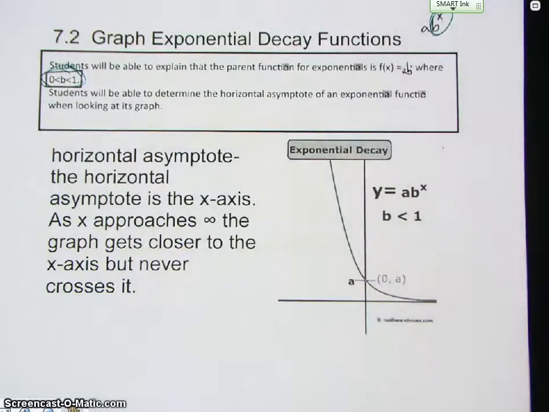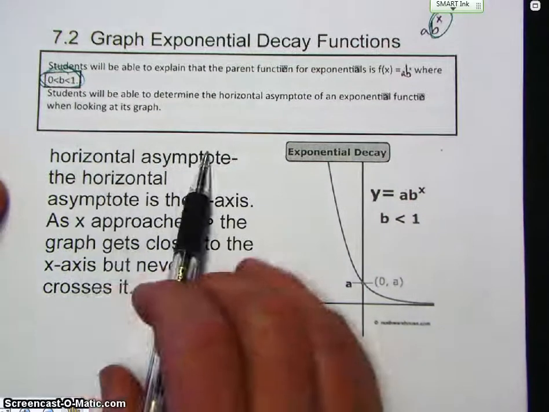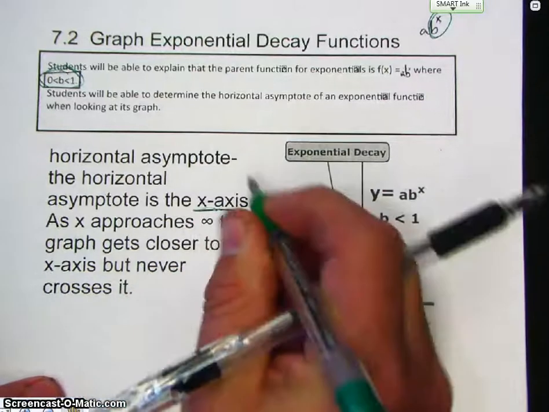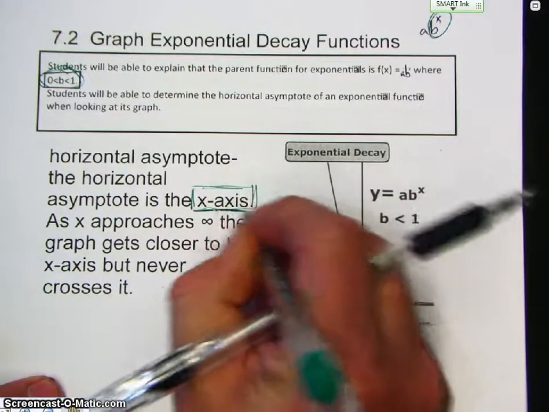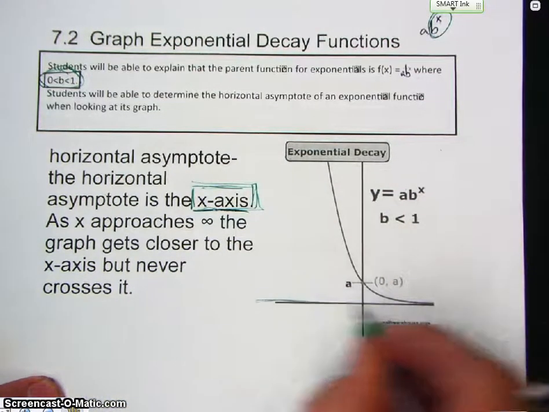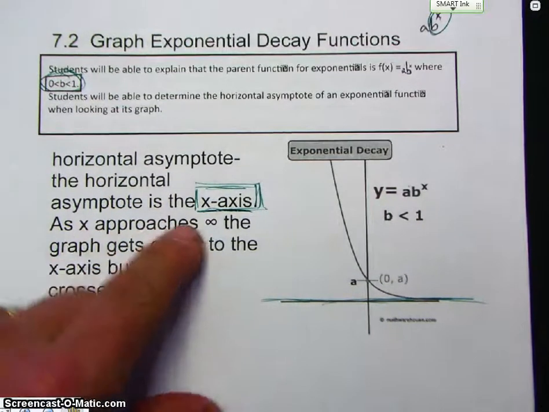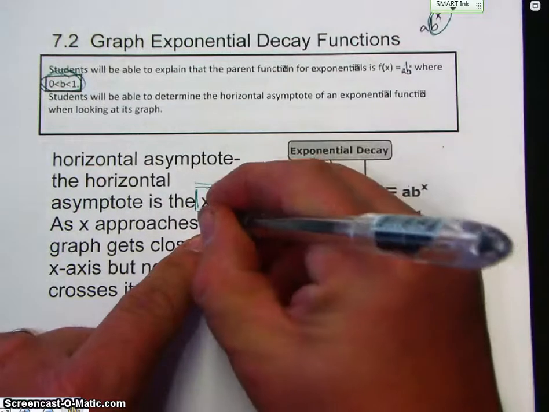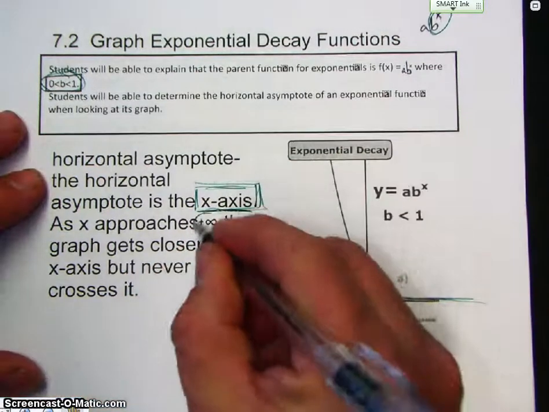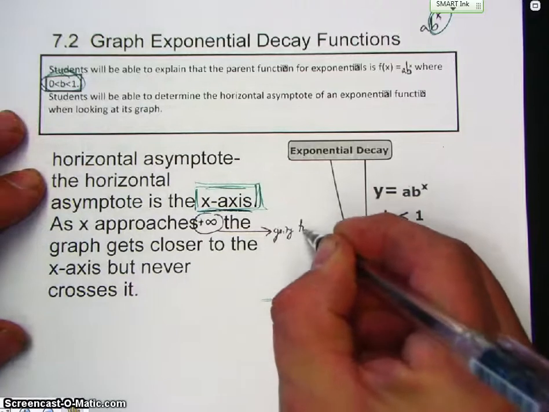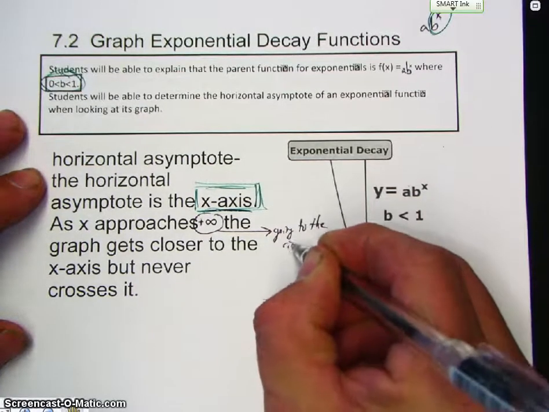All right, so let's look at what it looks like. Horizontal asymptote is the x-axis. Okay, so this right here, the x-axis, that's my horizontal asymptote. Now as x approaches infinity, really positive infinity, what that means is going to the right.